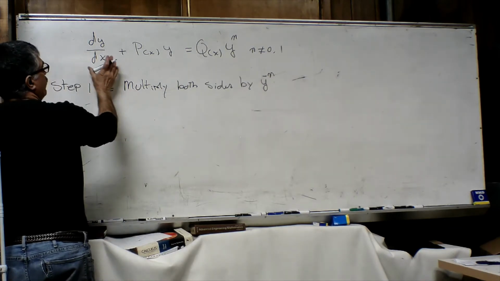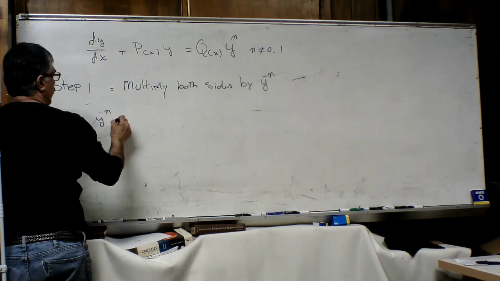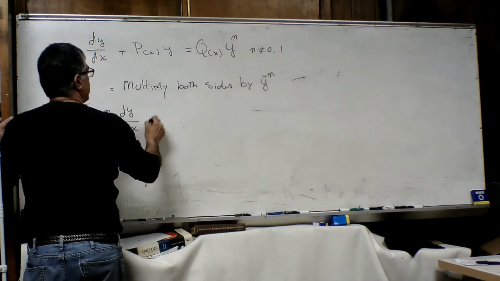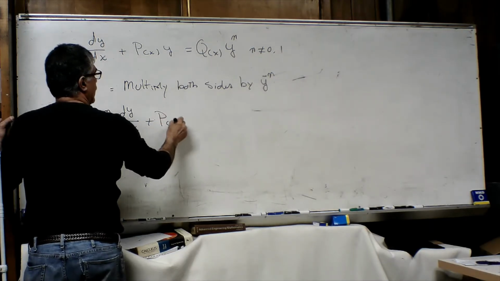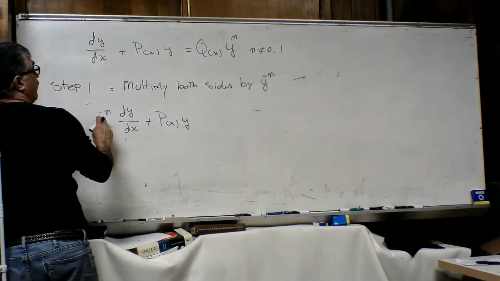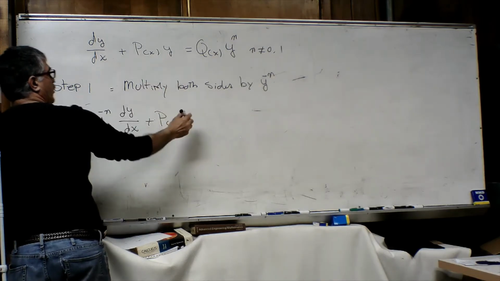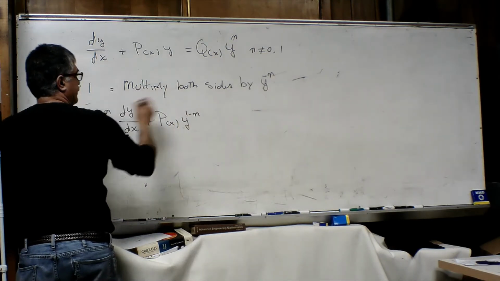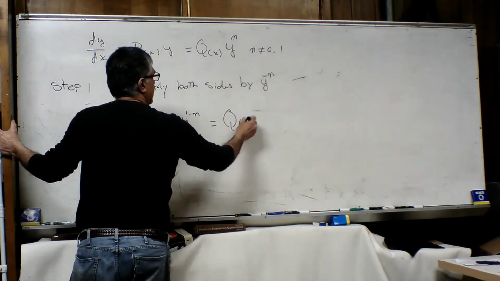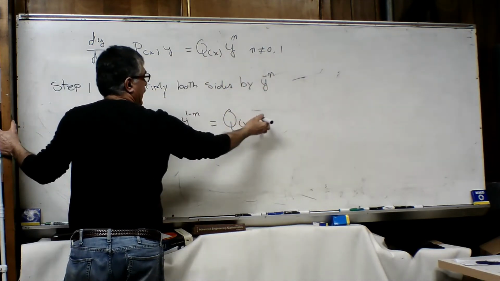If we do that, we are going to have y to power minus n multiplied by dy over dx plus p(x) multiplied by y to power minus n multiplied by y, which will be y to power 1 minus n, equal to q(x), and y to power minus n multiplied by y to power n is 1.